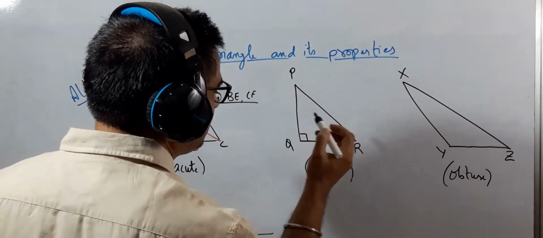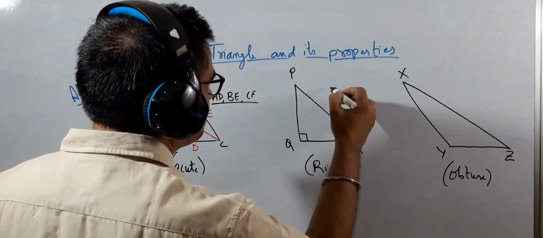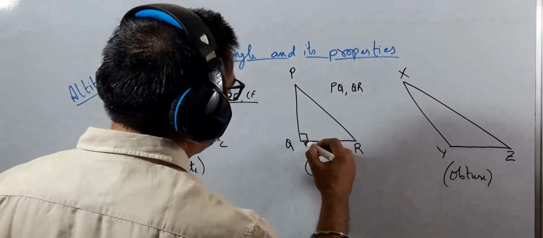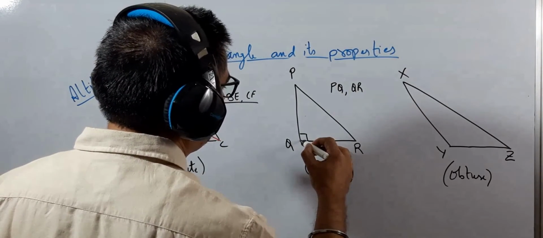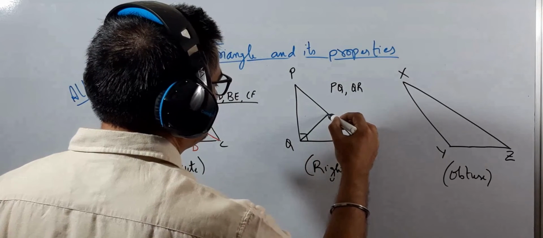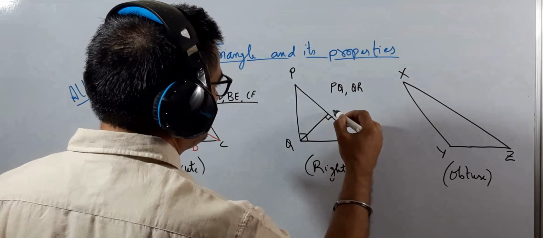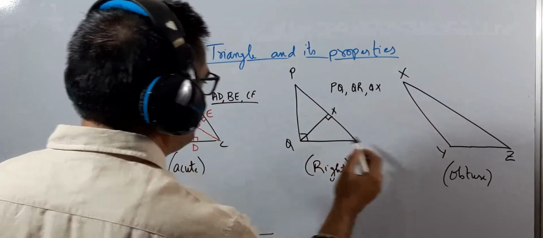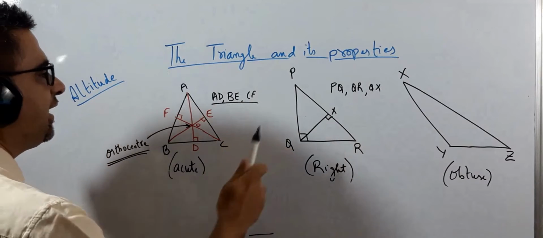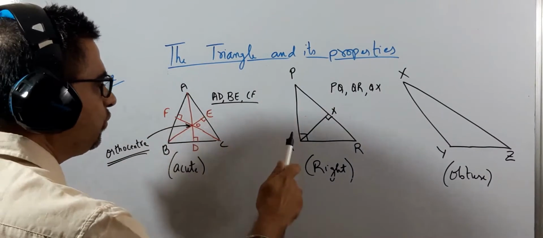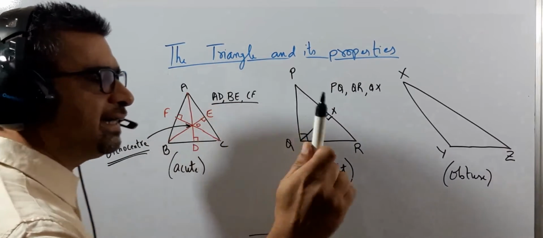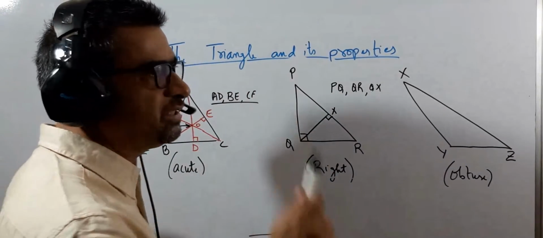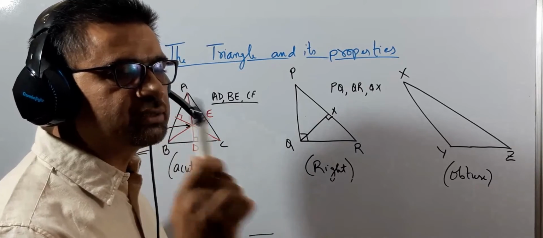So PQ is an altitude, RQ is an altitude. So we have PQ, QR, and the third one, which would be drawn from Q all the way till the opposite side, let's call it QX, is the third altitude. So we have three altitudes again, two of which are sides of the triangle.